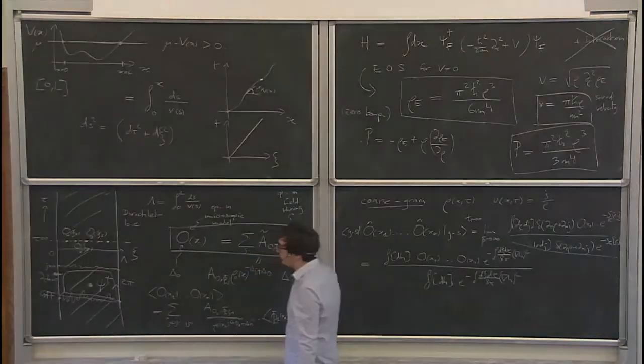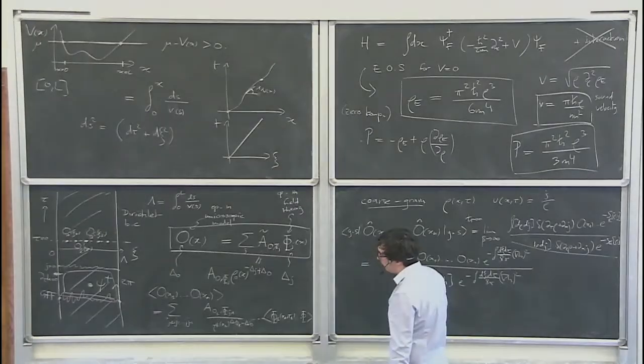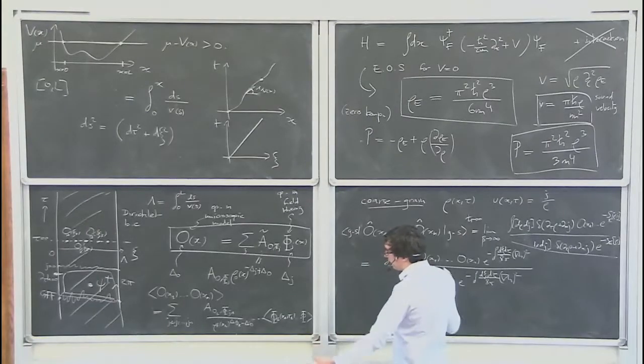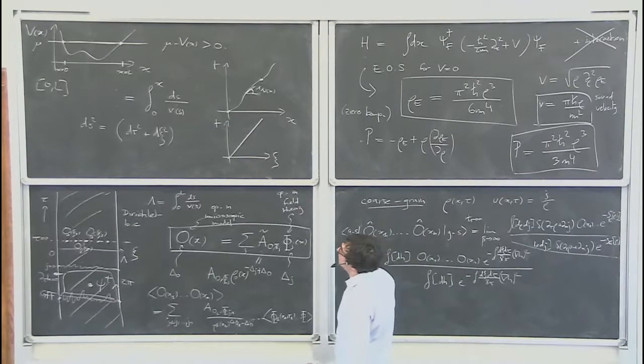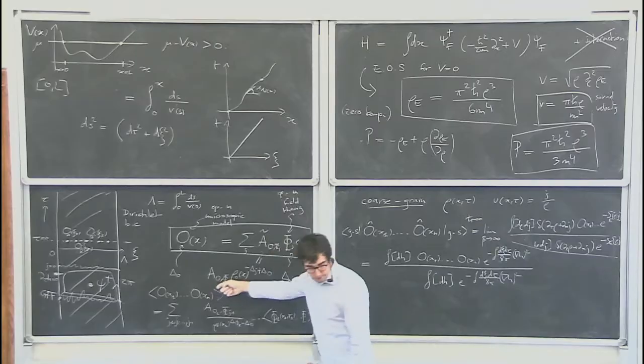Basically, we have identified the correct geometry. It's this strip. We have identified the correct boundary conditions. We have identified essentially everything. And so you get the result for free at this stage, provided you have the correct coefficients here, these A's.